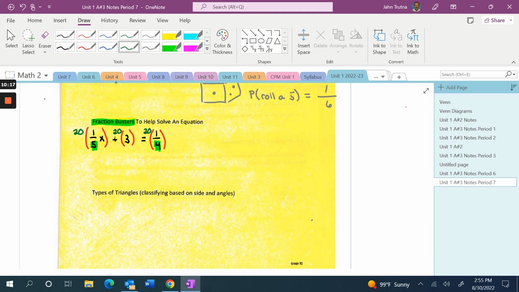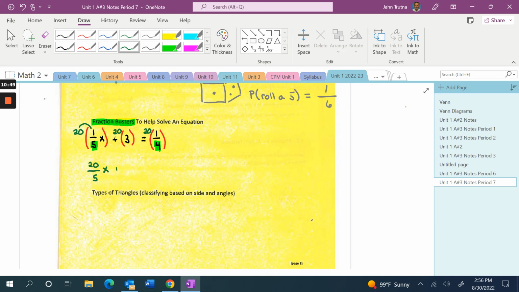Now we're going to multiply the number outside the parentheses with the number inside the parentheses. The 20 with the 1. That's 20. I leave the 5 as 5. I leave the x as x. So notice, when I multiplied the 20 with the 1/5 x part, I only multiplied the 20 with the 1.